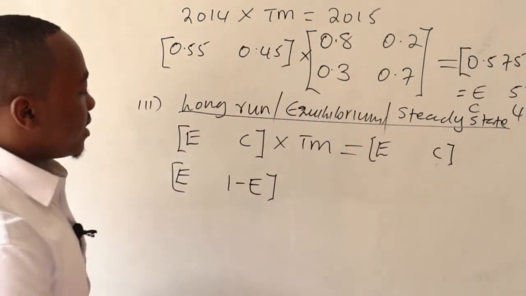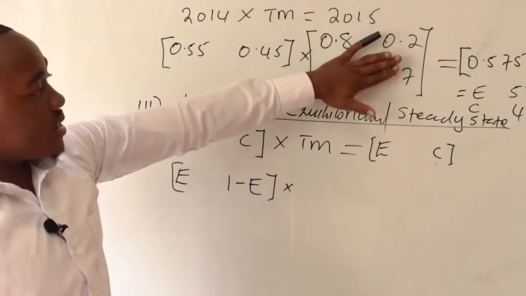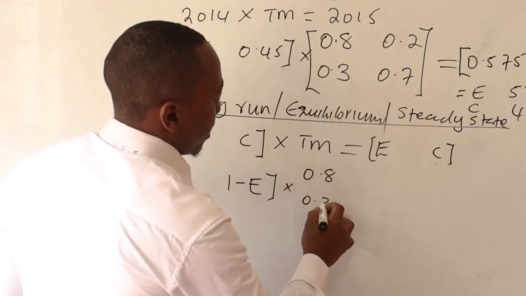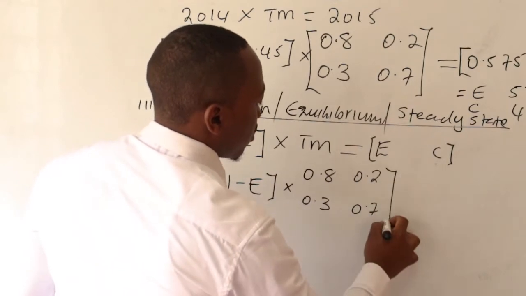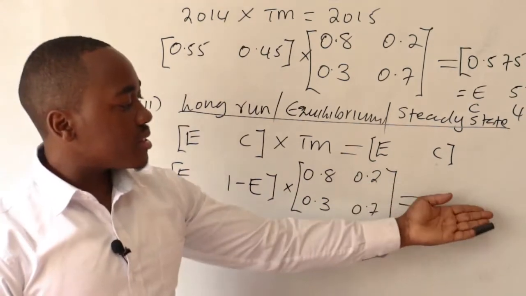Times the transition matrix. Now the transition matrix remained what we had gotten here. Our transition matrix was 0.8, 0.3, 0.2, 0.7. That one does not change. It is equal to, we are saying that the current state and the future state will be the same.